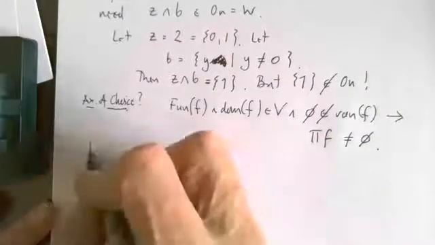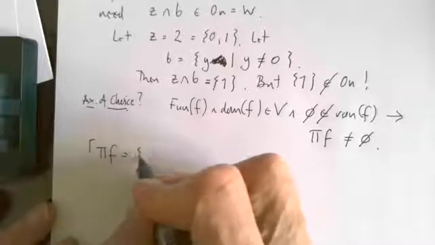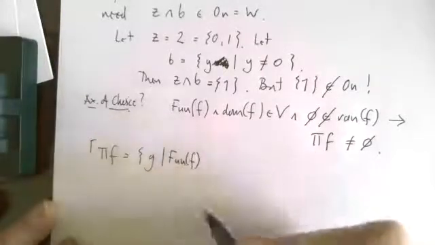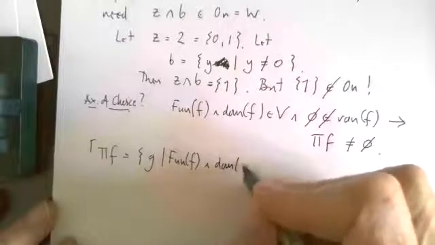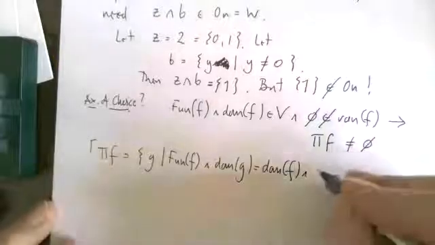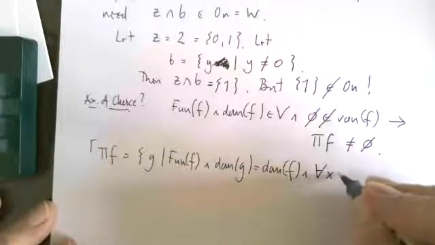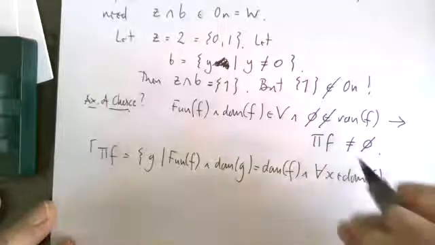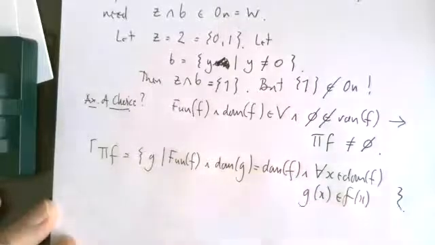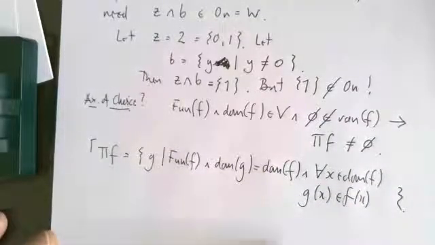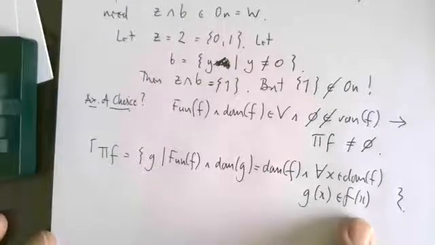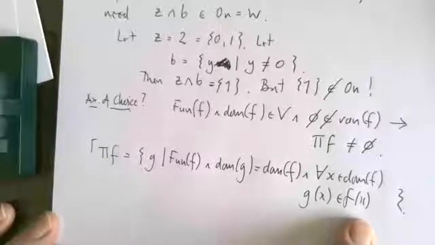So I'll just remind us what that is. Pi F, this is the collection of functions G, where the domain of G is the same as the domain of F. And for all x in the domain of, well, either F or G, G of x is a member of F of x. So it's a choice function. It chooses an element from each of the sets that F enumerates.